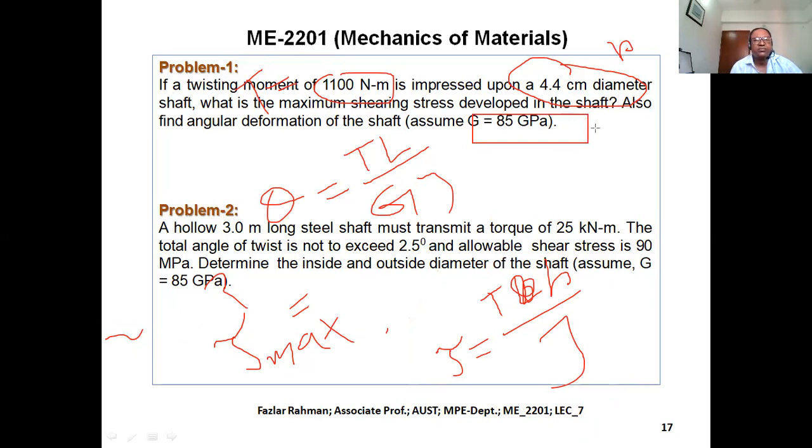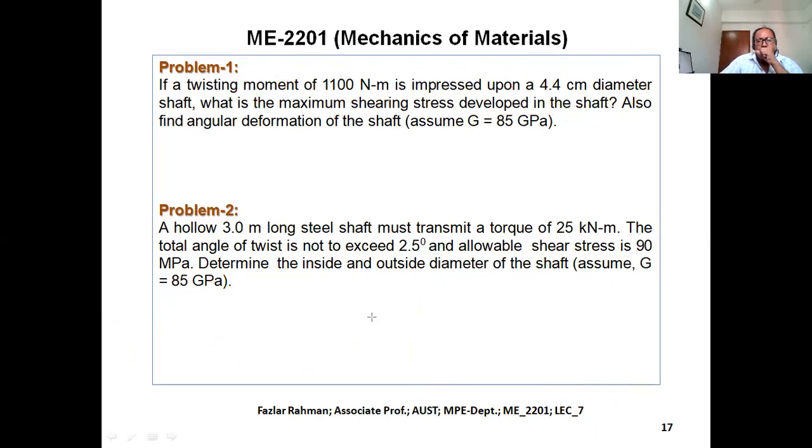Now you need to figure out theta. Only one problem: the length of the shaft is not given. Our formula is theta equals TL by GJ.